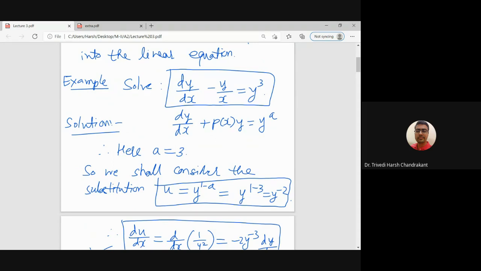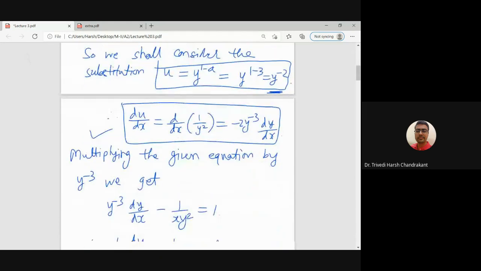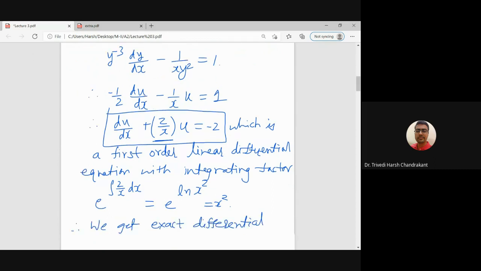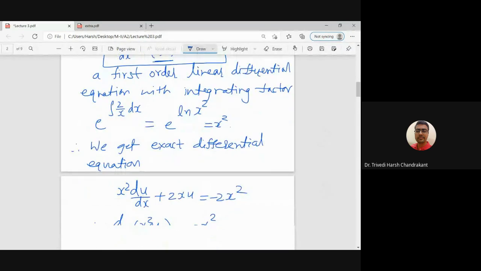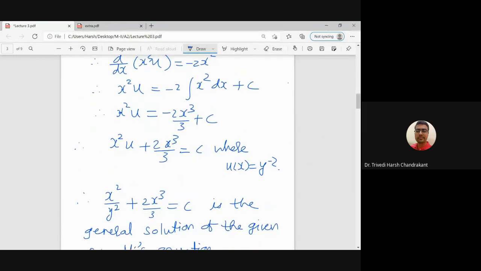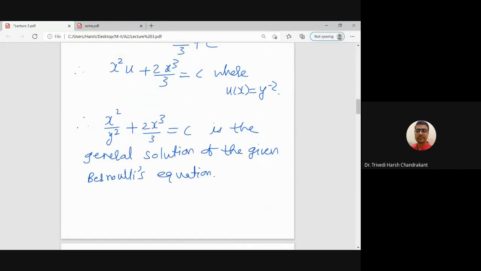So for that we have taken the substitution y power minus 2, and then we converted the given differential equation into the differential equation in terms of u, which turns out to be the first order linear equation, and then we know how to solve the first order linear differential equation by integrating factor method, and finally by substituting the u function again we get the final solution in terms of x and y.